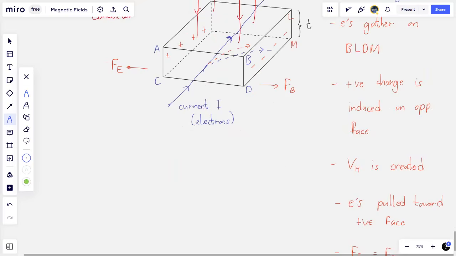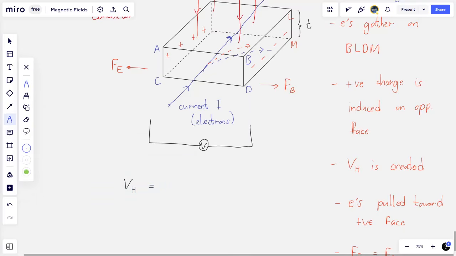The reason why is because, and again I'm not going to derive this, but it's a very important equation. If I connected a voltmeter across the two faces and I measured the value for the potential difference, I get VH, the Hall voltage.